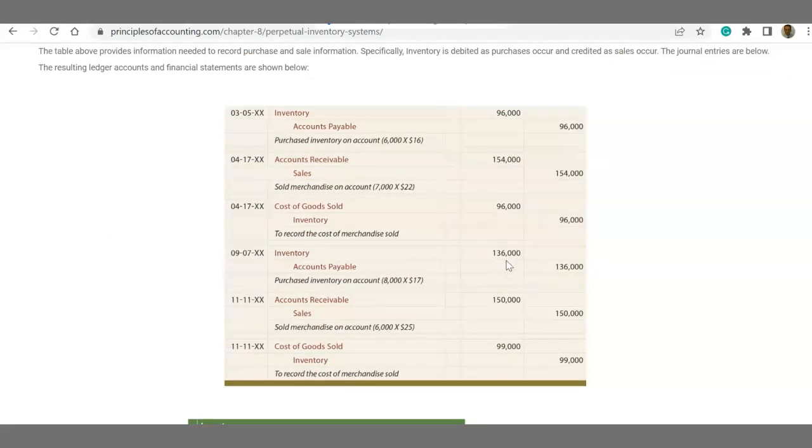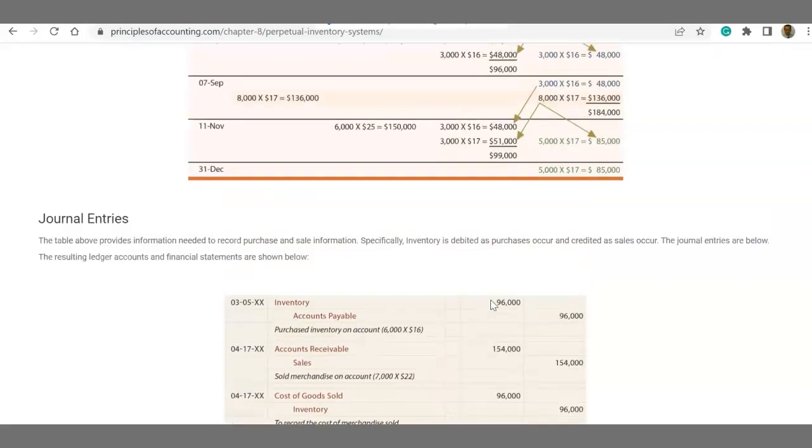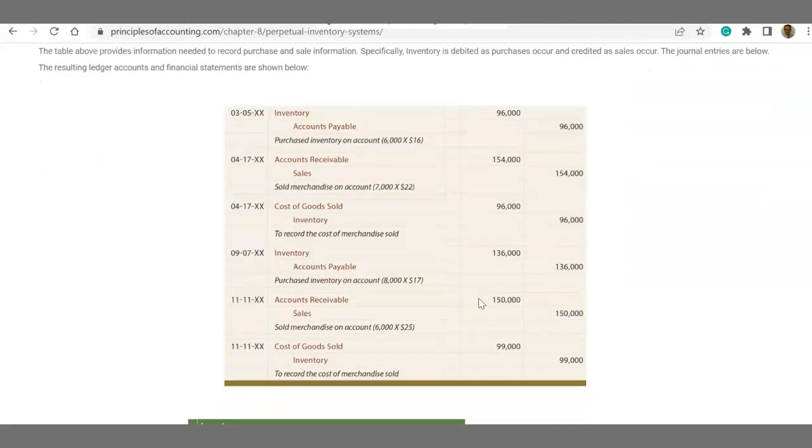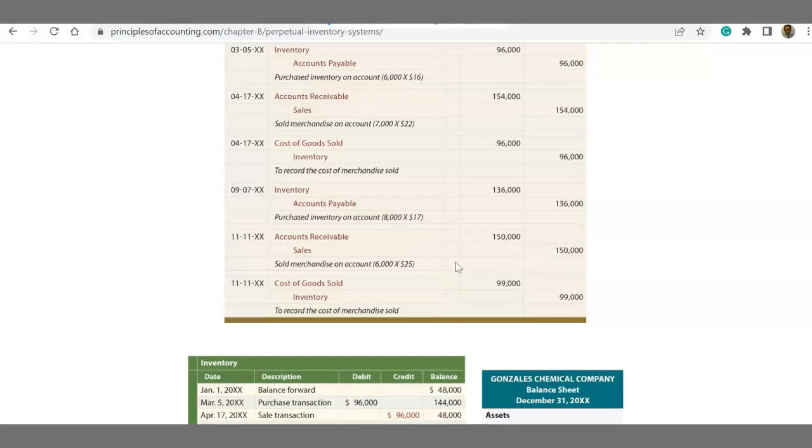As you see under Perpetual method, every time you do something, inventory needs to get updated. And in November, you sold something for $150,000. Yes, right there. And the cost is $99,000. So here we go. 2 journal entries.